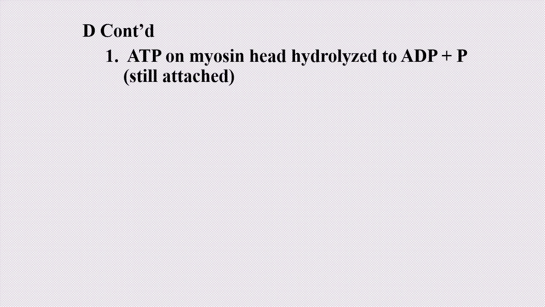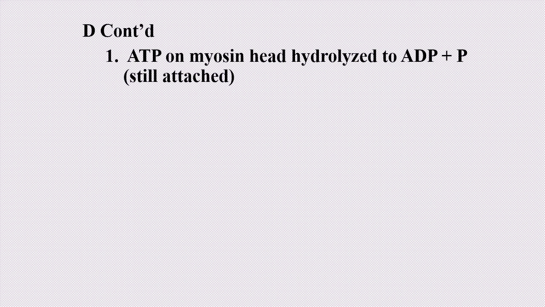There is an ATP molecule attached to the myosin head. It is going to be hydrolyzed to break down into ADP, the lower energy form, the phosphate that was broken off, and the energy.